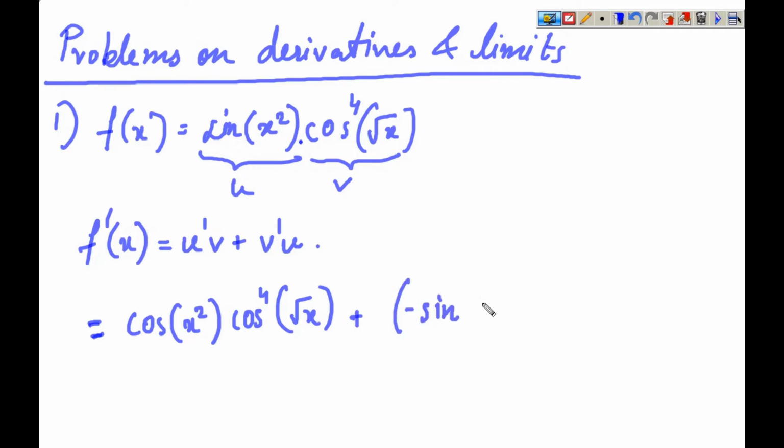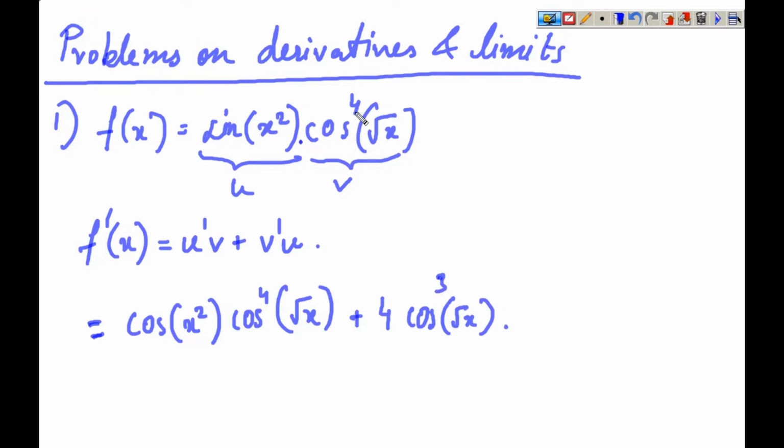Sorry, first it will be 4 times cos of under root x, because this 4 will come down, then it will be 4 cos 3 under root x multiplied by the inner function.